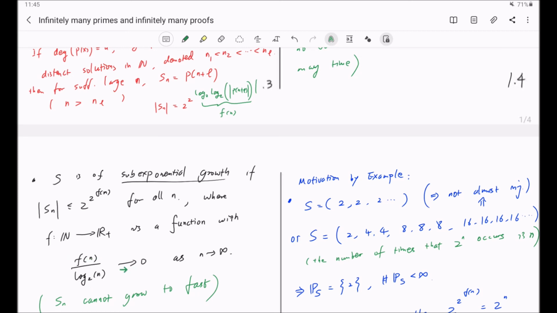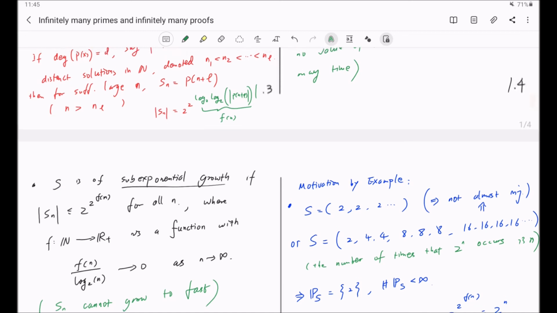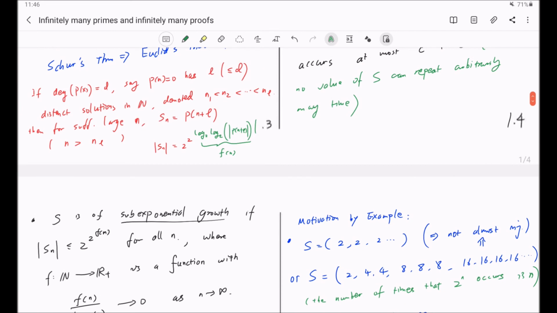So this quotient will go to 0 as n goes to infinity, if you take f to be this power index. And that is why S in this special case of polynomial has sub-exponential growth.